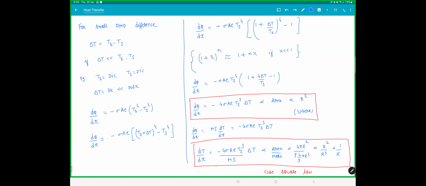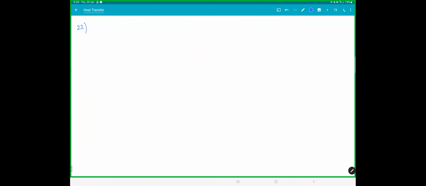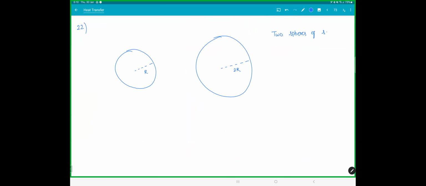Let me show you a question and then we will talk about this. So we have a sphere of radius r and another of radius 2r. Everything is the same temperature. So two spheres of same material and temperature, but radius is different.